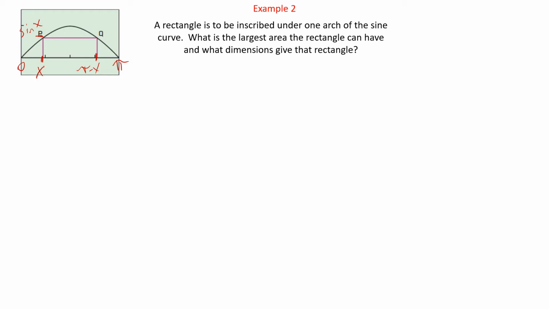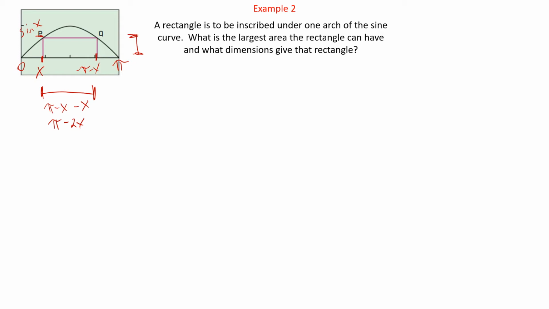What are the dimensions? So the area of a rectangle is going to be the length times the height. The length is going to be whatever the bigger one is minus the smaller one. So it'll be pi minus x minus x, which is pi minus 2x.